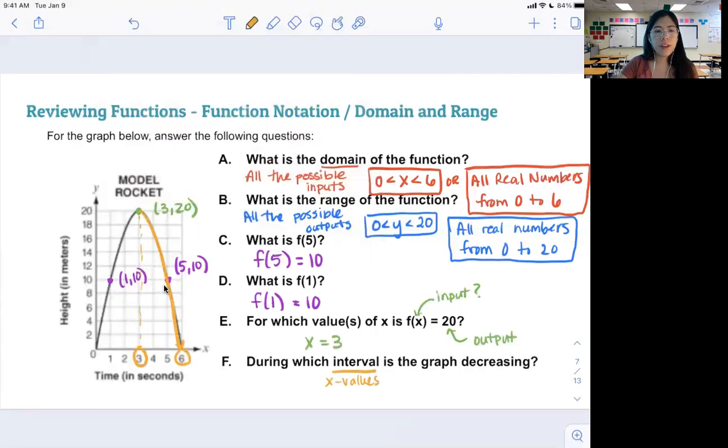So from the 3 to the 6 on the x-axis, it is decreasing. So I write 3 less than x less than 6. From 3 to 6, it's decreasing. From 0 to 3, it would be increasing.